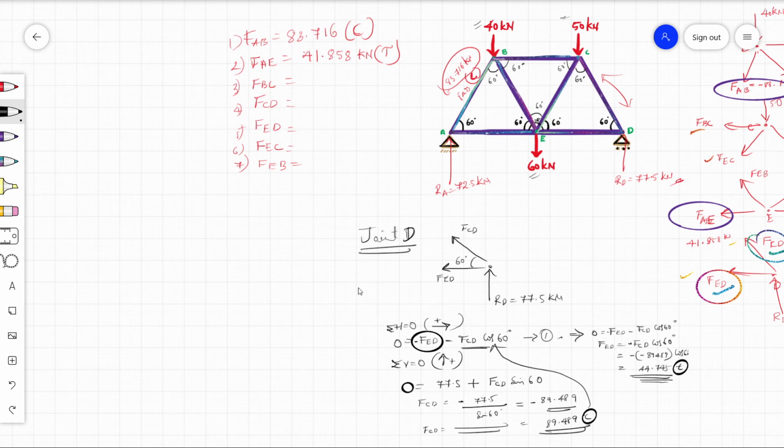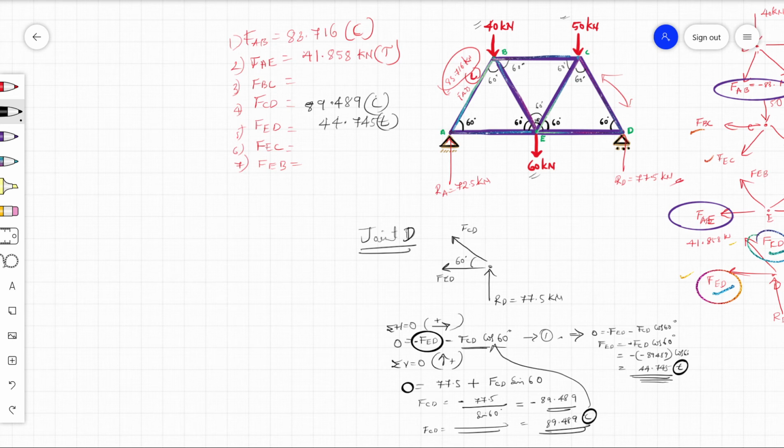We found the value of FCD, which is 89.489, and that is compression, and we found the value of FED, which is 44.745, which is tension.